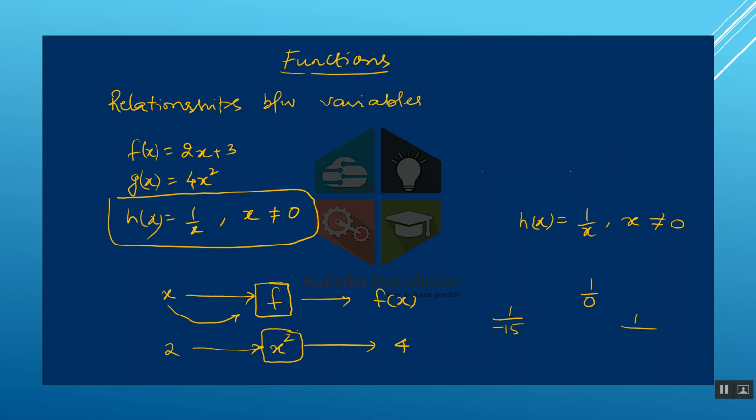If we put 1 by 2000, we are still getting an answer. So we are getting an answer for every input, so it is a function. And for any input, we are not getting more than one output also. So it is definitely a function.